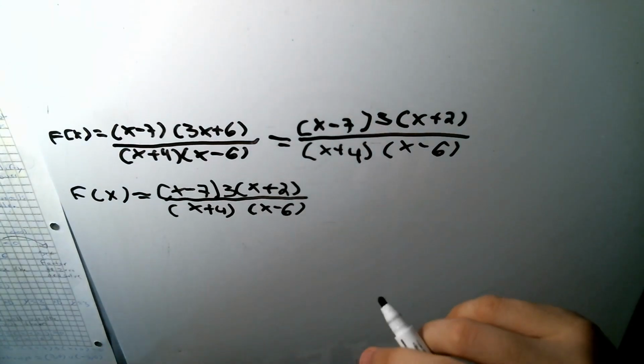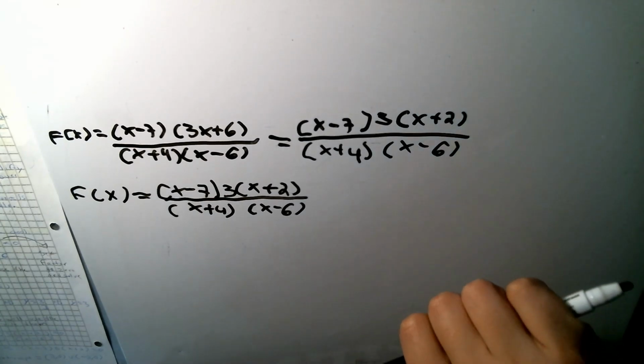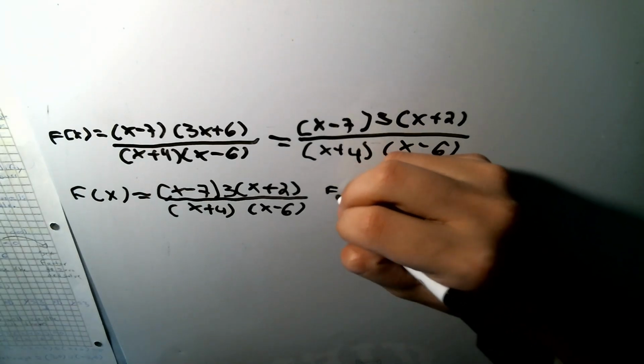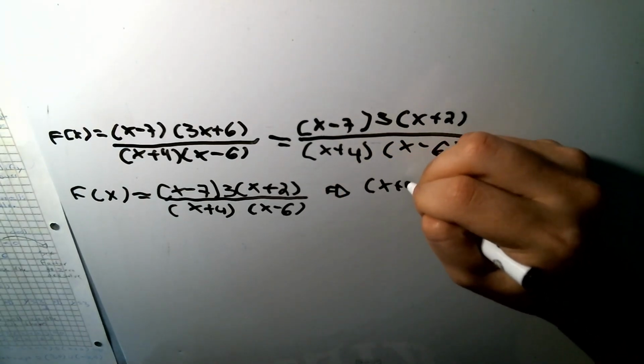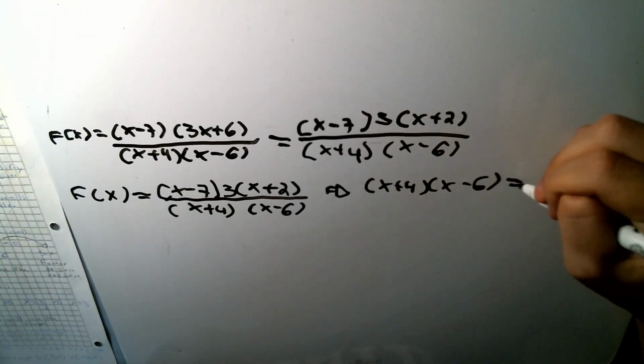To calculate the vertical asymptote, basically we will use the denominator. So this is going to turn into x plus 4 multiplied by x minus 6 equals 0.